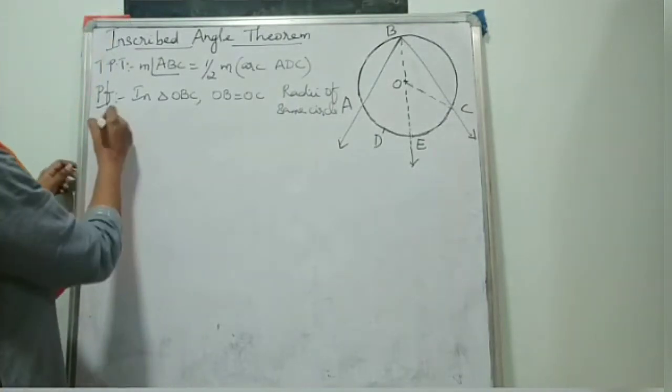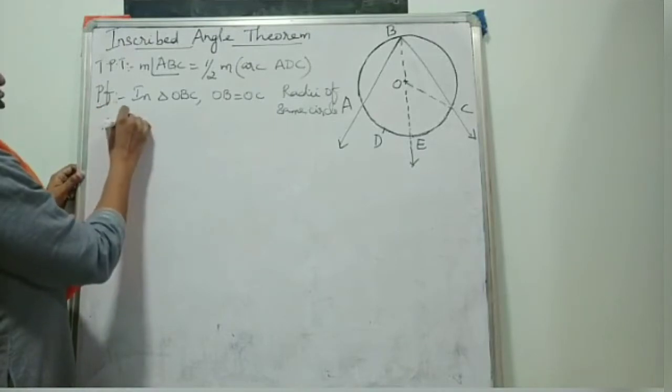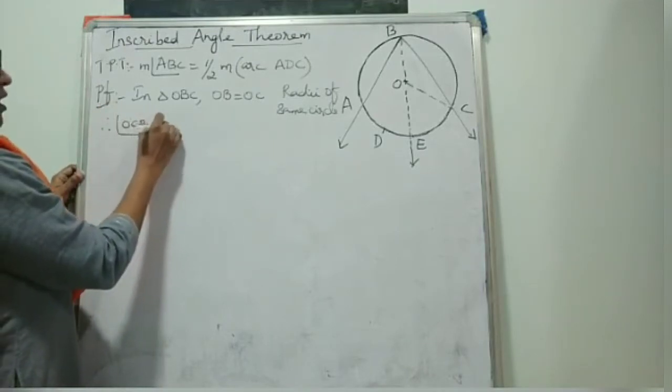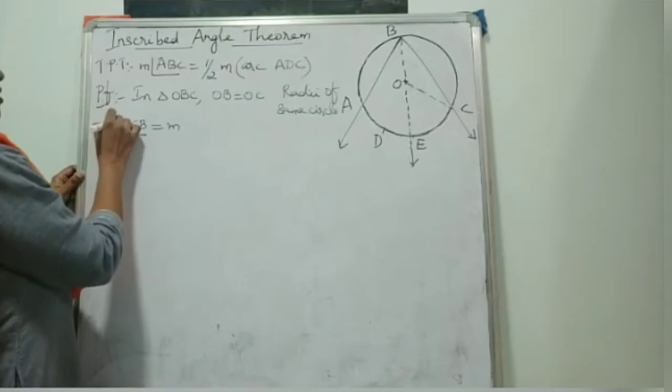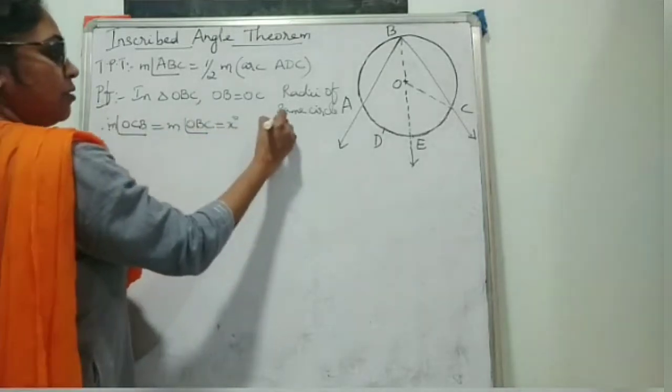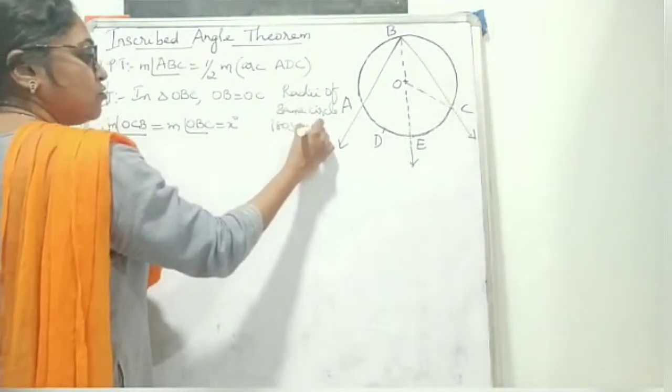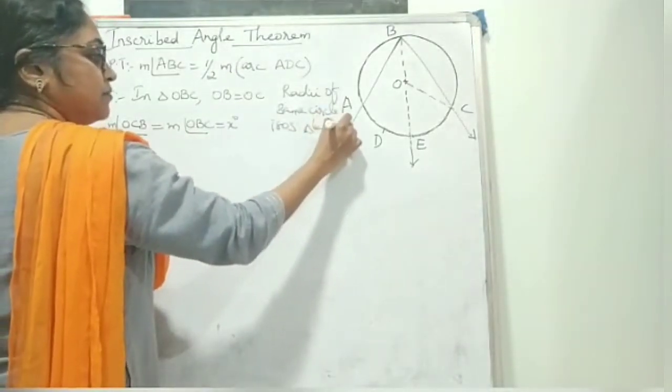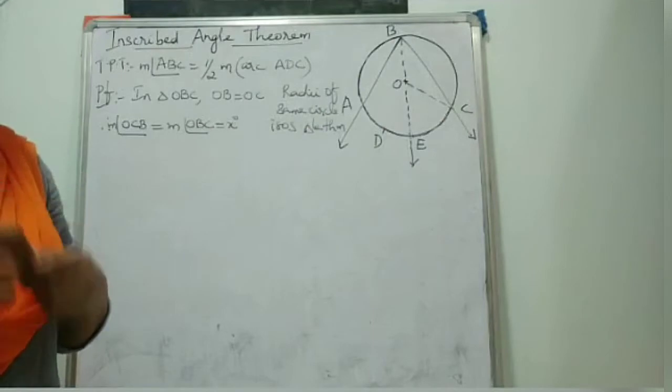So angle OCB is equal to angle OBC is equal to X degrees by the isosceles triangle theorem. So this is what we get in the beginning.